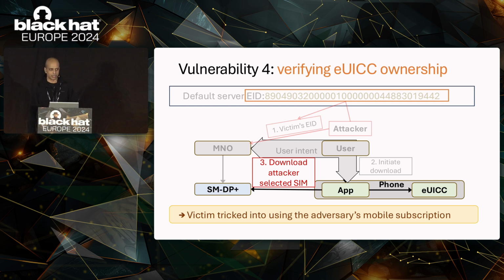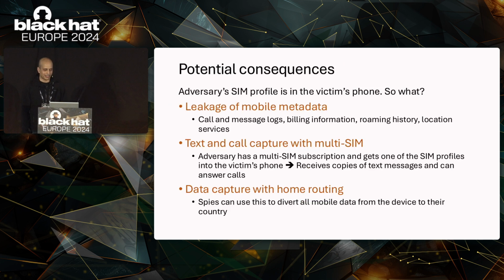So now I get an attacker-installed or attacker-chosen SIM profile in my phone. That can happen. And if that happens, so what? Someone else is paying my bills. That's good.